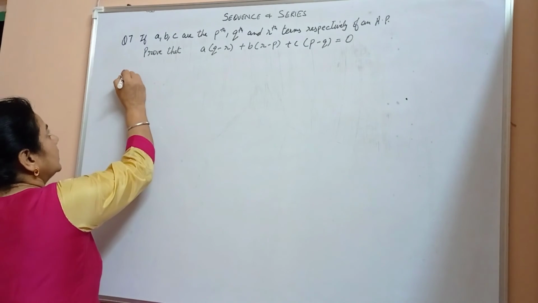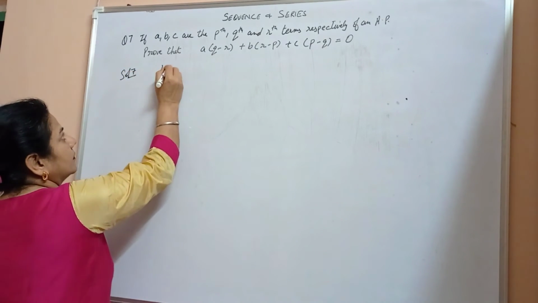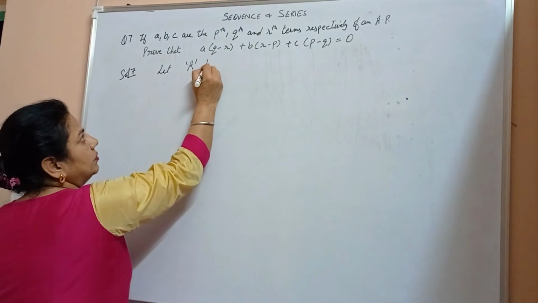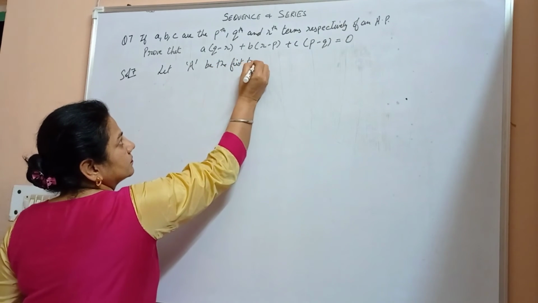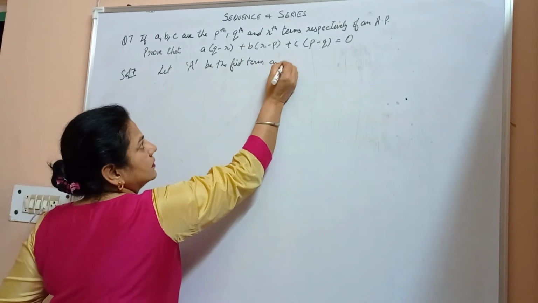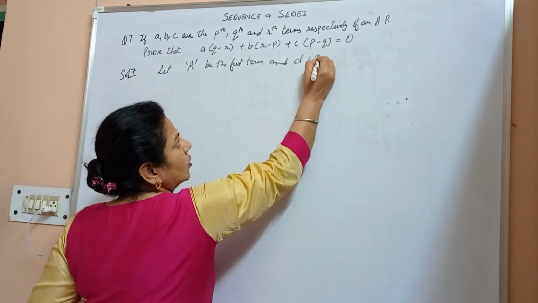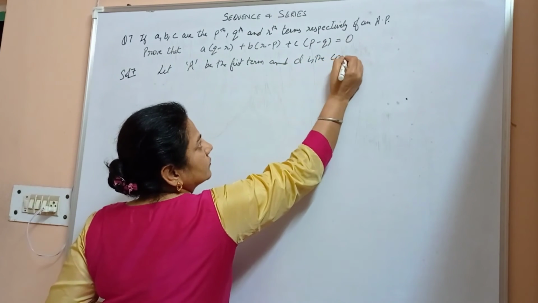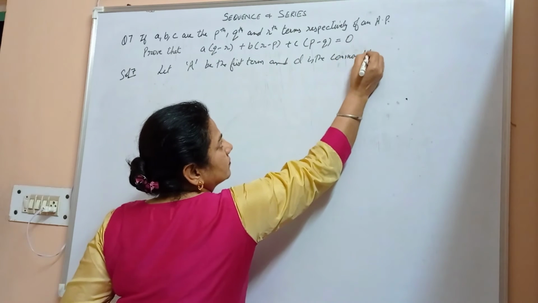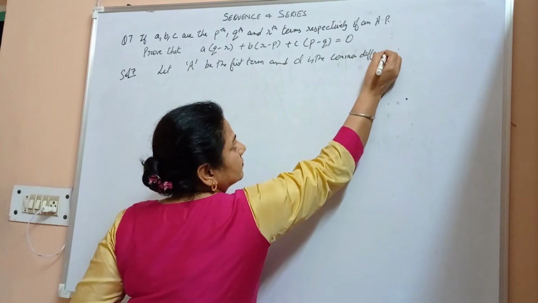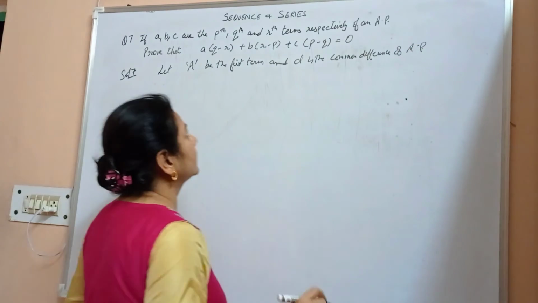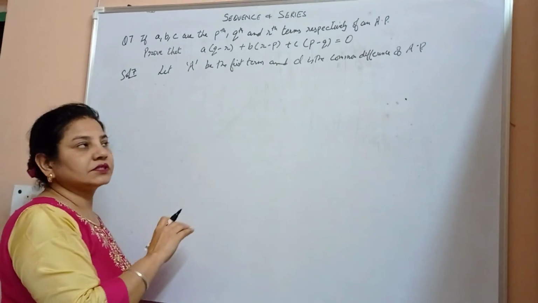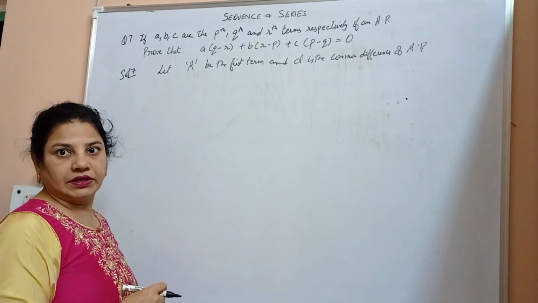First of all, let capital A be the first term and D the common difference of the AP.